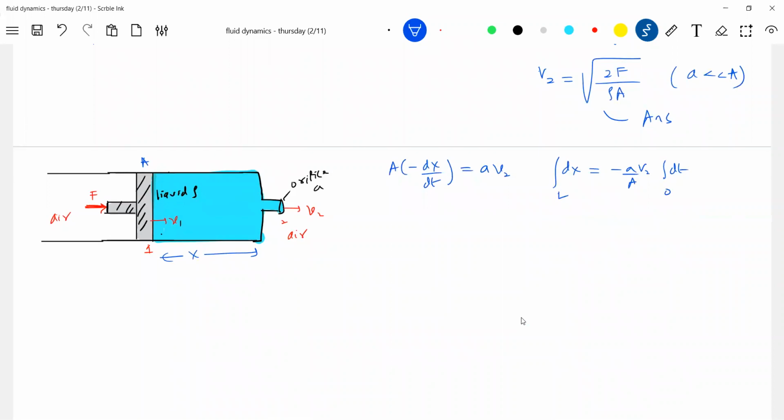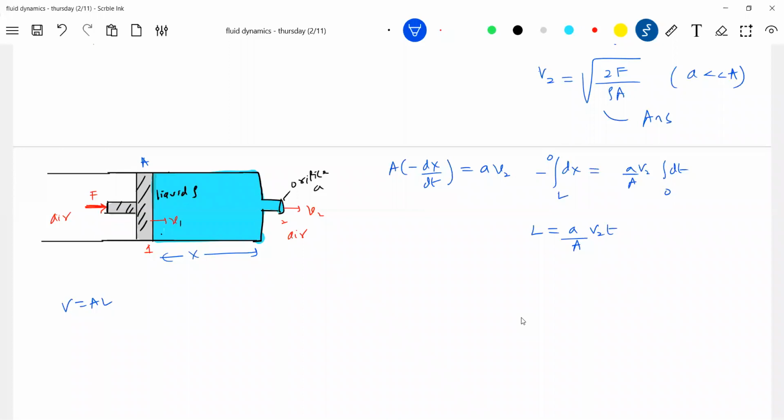L. And finally, it will become 0. This negative we will keep here. So L is equal to small a by capital A into V2 into T. V2 is the speed with which liquid is emerging.